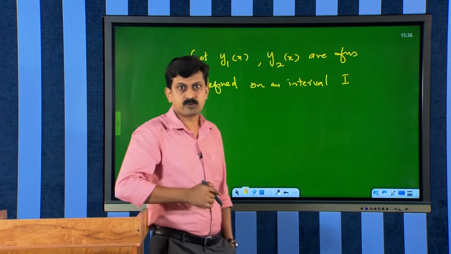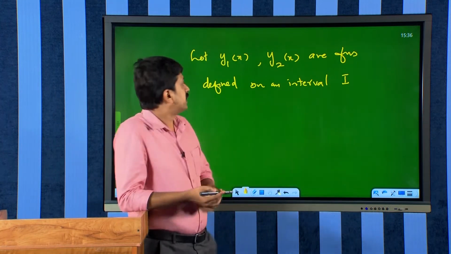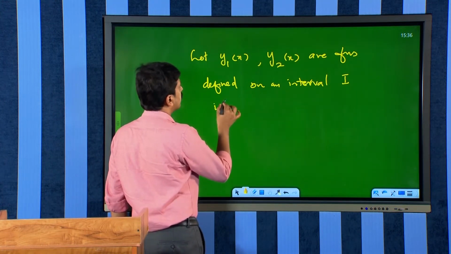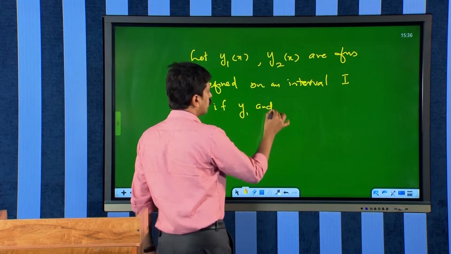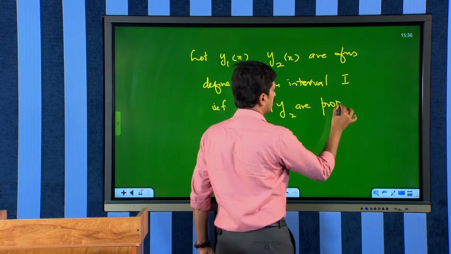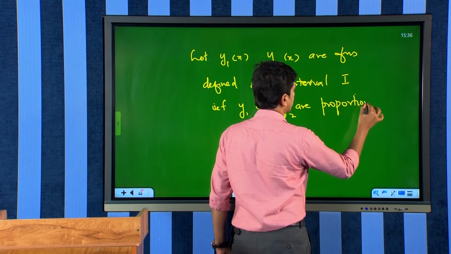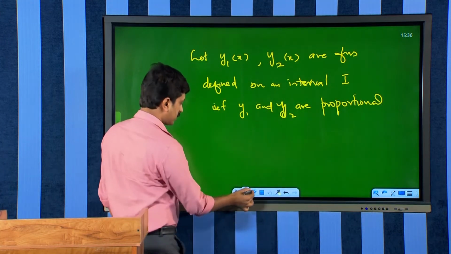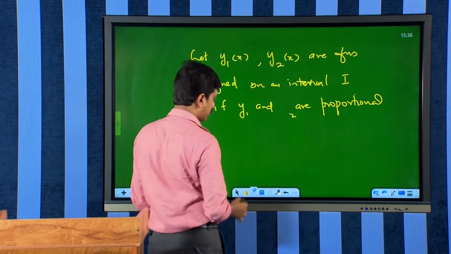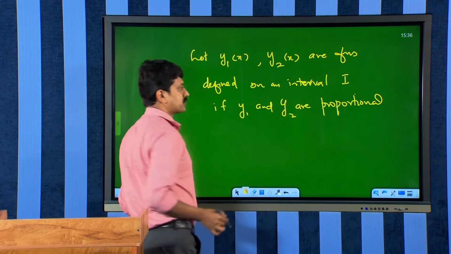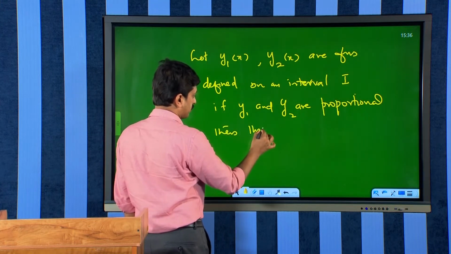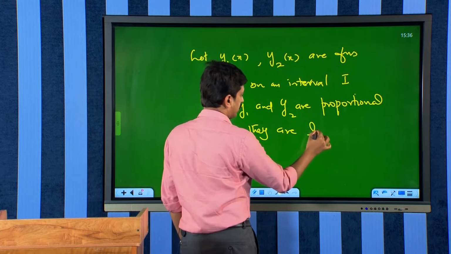How can we say that they are proportional? If y1 and y2 are proportional, then they are linearly dependent.